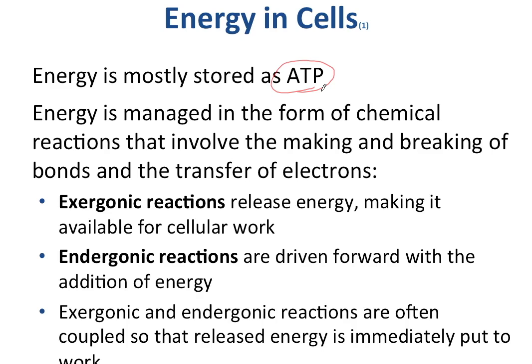However, the energy is from chemical reactions. Okay, energy is produced from the chemical reaction. Actually, it's from the catabolism. So the energy is made from breaking the chemical bonds of the molecules. Okay.